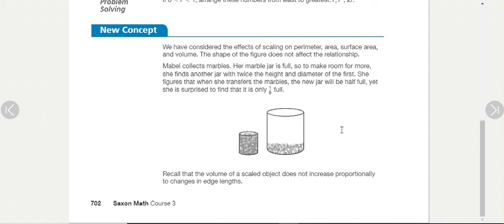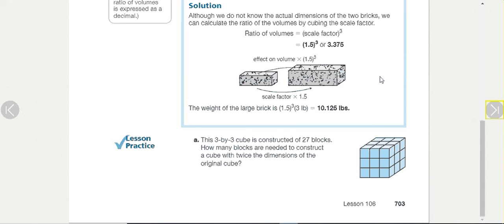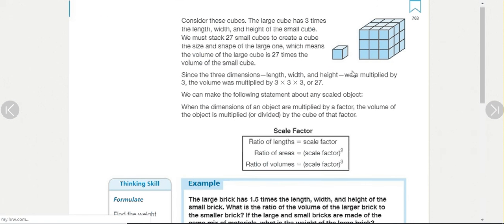Recall that the volume of a scaled object doesn't increase proportionally to the change in edge length, because it's three dimensions. For example, we have a cube that's 3 times the length, width, and height of a smaller cube. We must stack 27 cubes to reach the volume of the bigger cube.